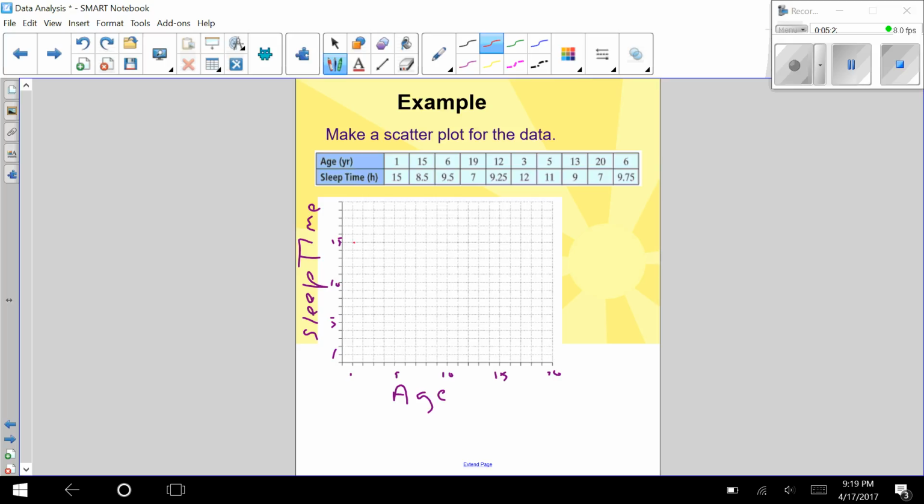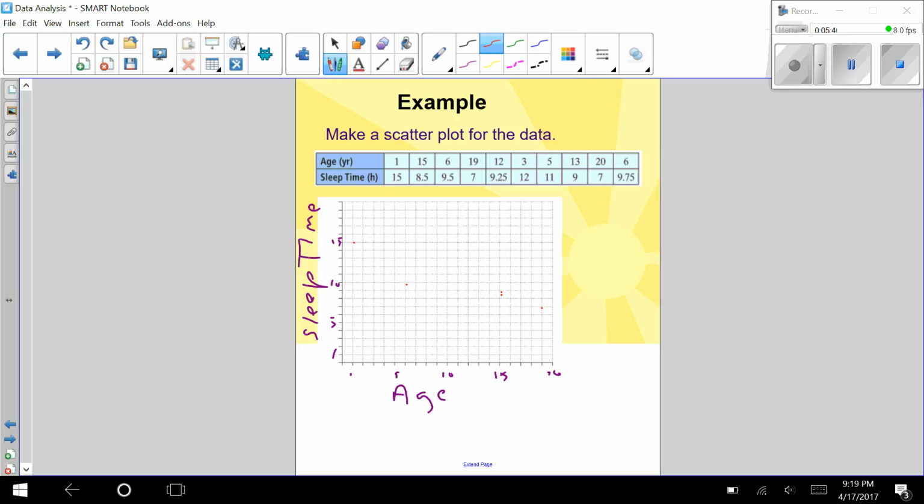Now we're going to plot 1, 15. 15, 8.5. That'll be right in between the 8 and the 9. 6, 9.5. 19, 7. 12, 9.25.